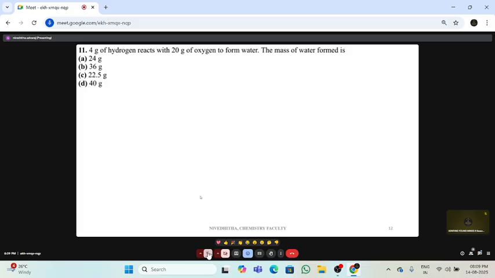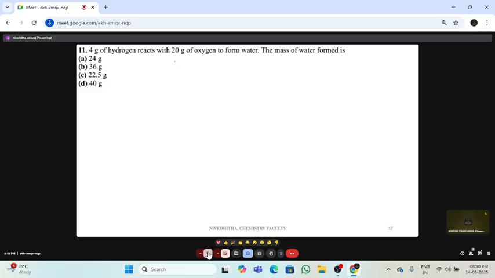So among this, which is the limiting reagent? Is it hydrogen or oxygen? Ma'am, oxygen is limiting reagent, ma'am. Very good, Rakshan. Oxygen is the limiting reagent.